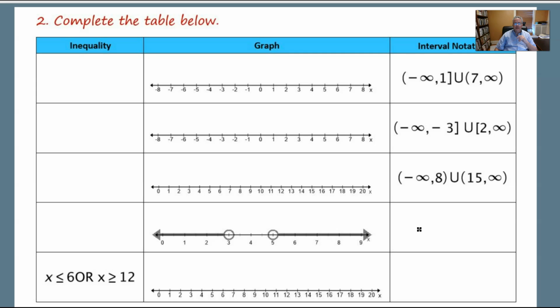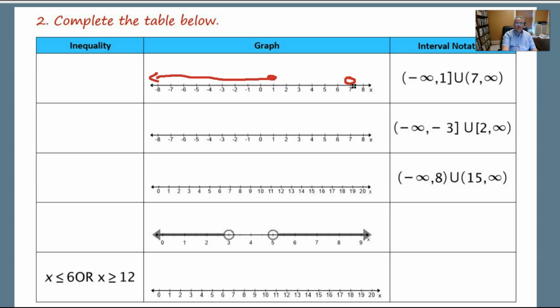Okay, this is our last slide, but it contains a lot of things to do. We're going to complete this table. In this first row, we're given interval notation, negative infinity up to and including 1. So I'm going to put a solid dot at 1, and I'm going to draw an arrow to the left because this comes from negative infinity and goes up to 1. The other one starts at 7, so I'm going to put a hollow dot there.